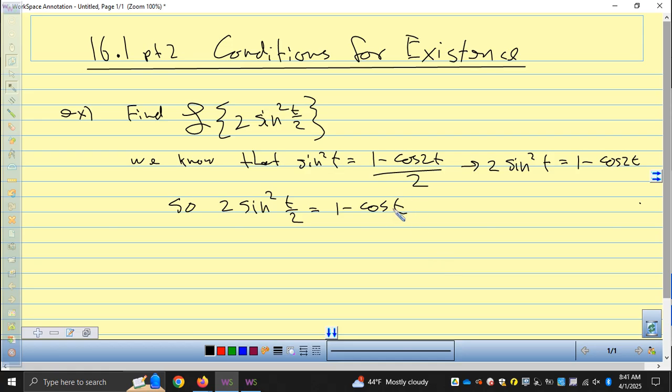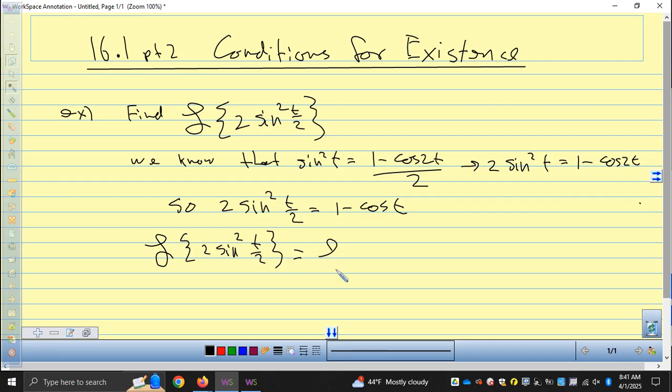This quantity is twice this quantity. So these two things are saying the same thing. This is actually how we get the half angle formulas from the double angle formulas.